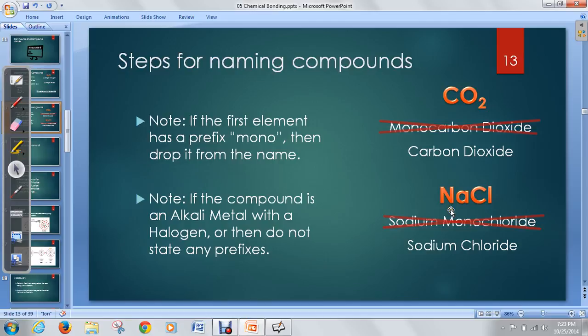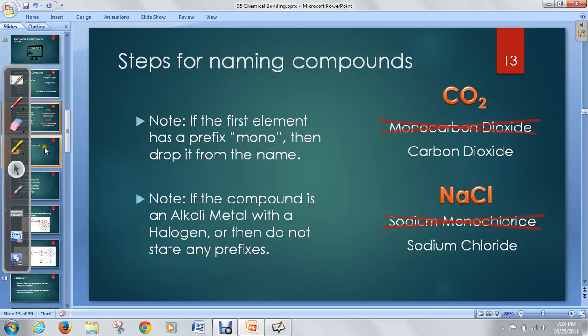We're not going to state any prefixes. So instead of sodium monochloride, this is just sodium chloride, which you've also probably heard. So these are the two exceptions. Always drop the mono at the front, and if it's an alkali metal with a halogen, or basically an ionic compound, then you don't state any prefixes.